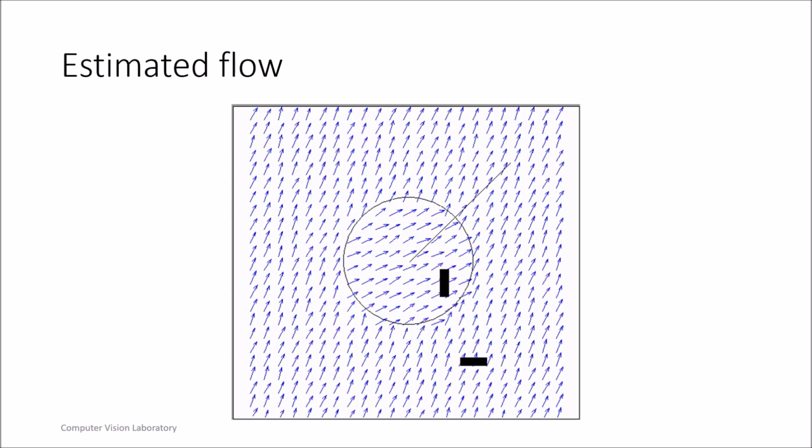As a result, the flow will be estimated differently in the inset and in the outset. For example, for a motion of 45 degrees up, the flow vectors are shown here for a simulation, tending to be more up in the outset and more horizontal in the inset.